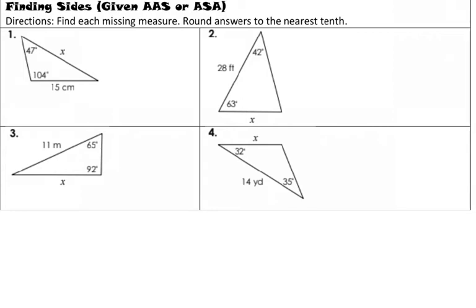If you look at number 1, I'm going to highlight a little bit. Here is an angle, and there's a side across from it. And here's another angle and a side across from it. So the law of sines says I can do the sine of an angle, so I'm going to do 104, divided by the side across from it, and it should equal the sine of another angle divided by the side across from it.